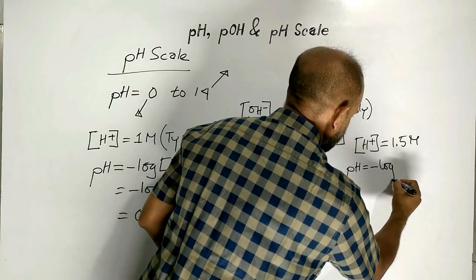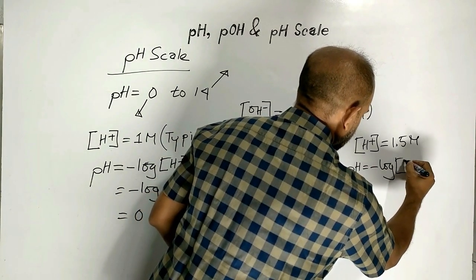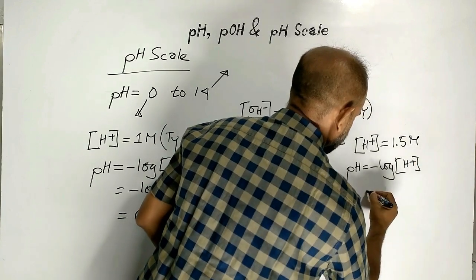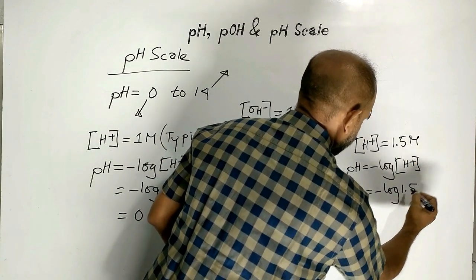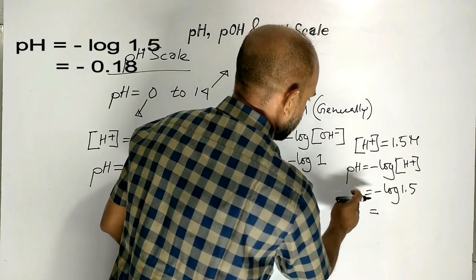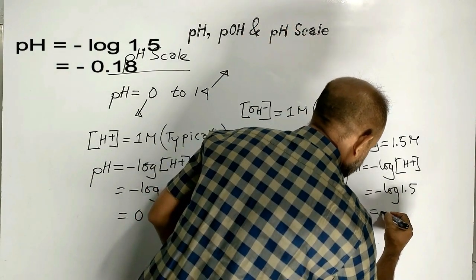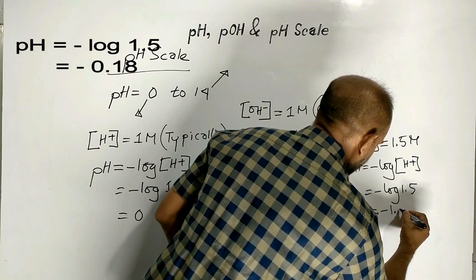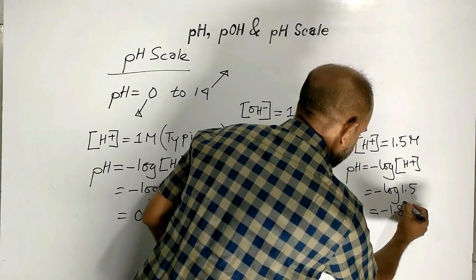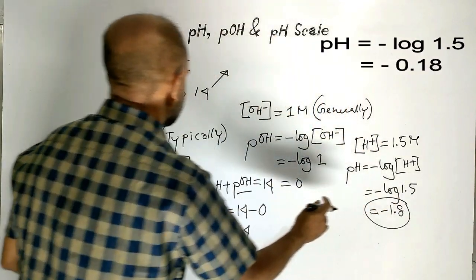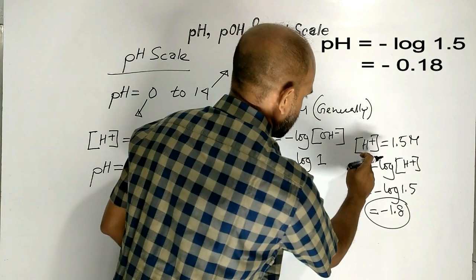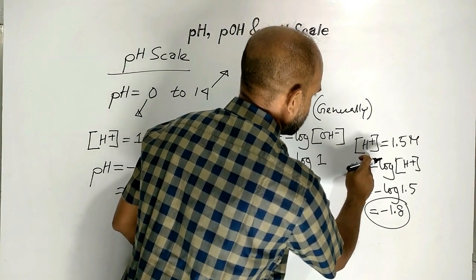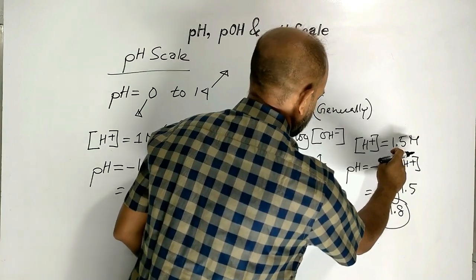Minus log of hydrogen ion concentration, minus log 1.5. From calculator, we know that this is minus 0.18. pH value can be less than 0 when concentration of hydrogen ion is more than 1.